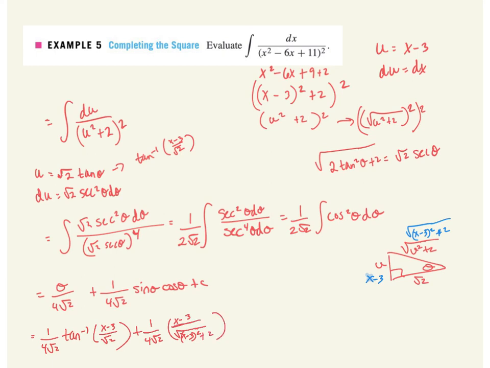And my cosine is root 2 over the hypotenuse plus c.